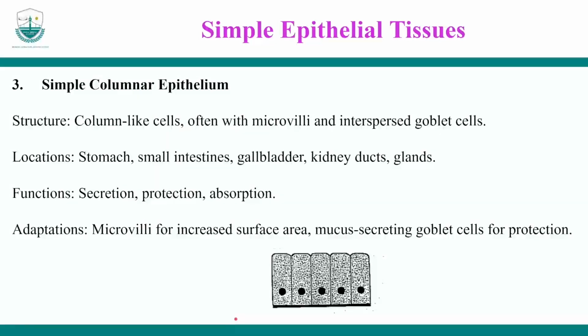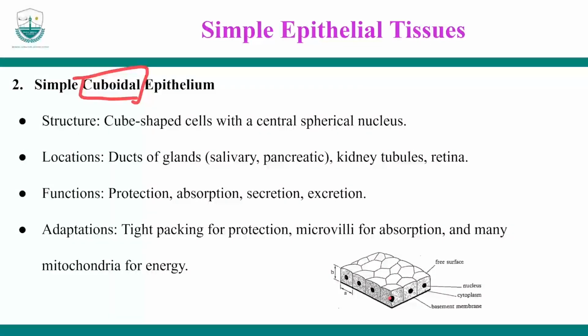Most ducts of glands actually have this simple cuboidal epithelium. So the ducts of glands like the salivary gland, the pancreas or the pancreatic duct, and then the renal tubules and the retina all have this cuboidal epithelium. If you know where they are found, you know their functions.